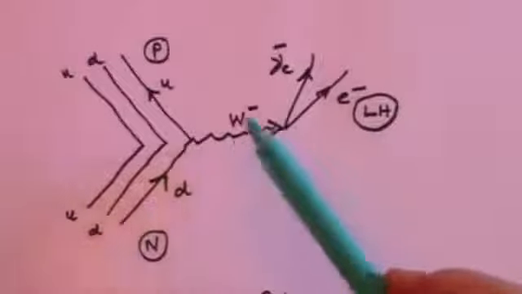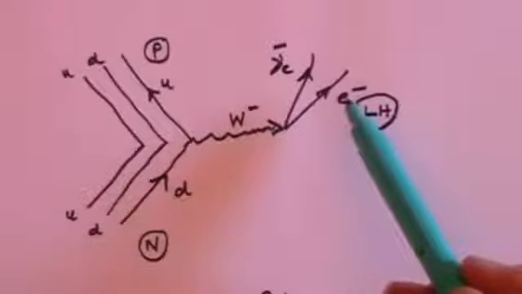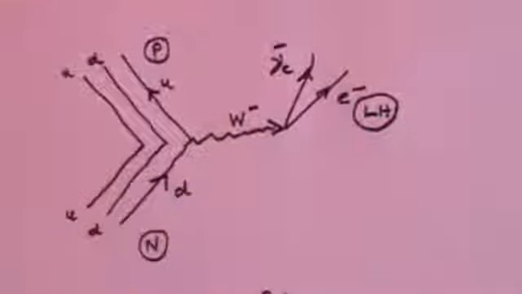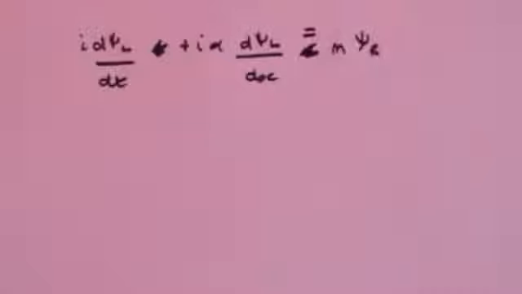the W minus can only bestow its charge on a left-handed electron, which means that for weak nuclear force purposes, there is actually a difference.